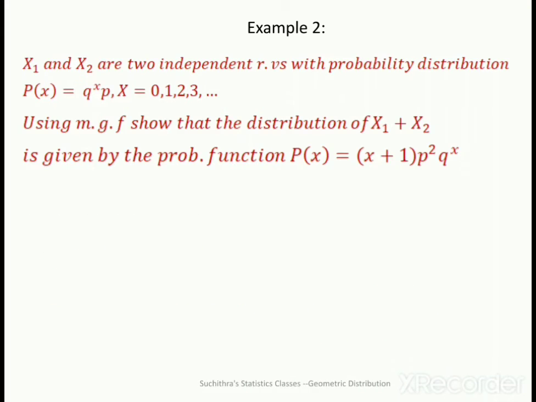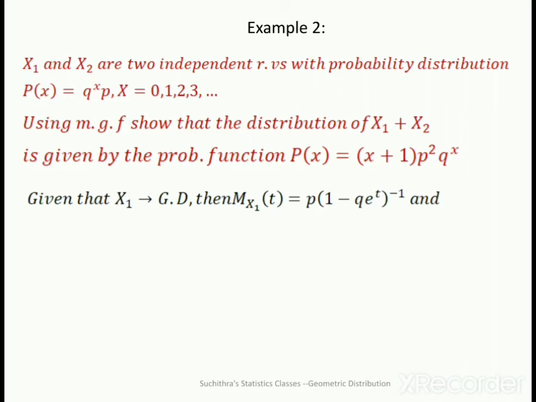Using moment generating function, show that the distribution of X1 plus X2 is given by the probability function P(X = x) = (x+1) p² q^x.